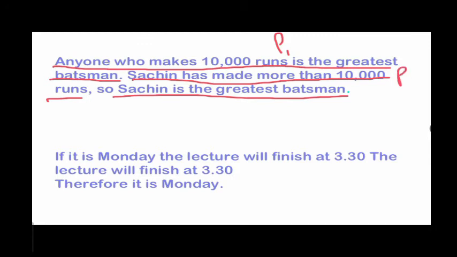Let this be P2, and this be the conclusion. What we can see in the first argument is that the conclusion, that is, Sachin is the greatest batsman, follows from the two premises, right? P1 and P2.